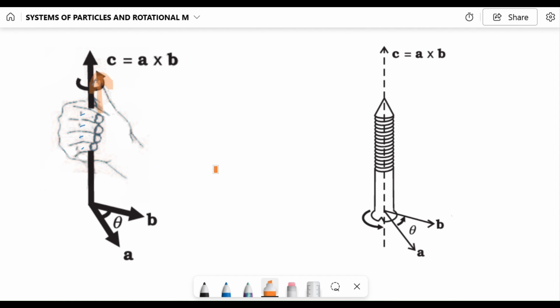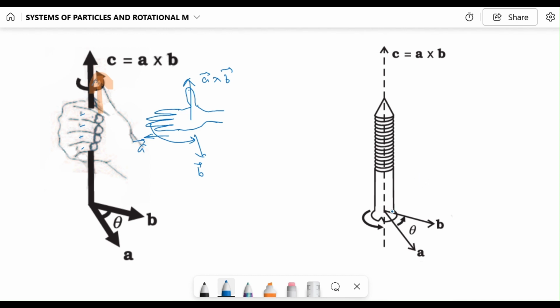You stretch open your right hand, place the four fingers in the direction of vector A, and then curl them towards vector B. In this scenario your thumb will indicate the direction of vector A cross vector B.